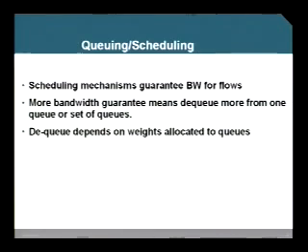Queuing and scheduling, once you have classified the traffic, if you have numerous flows, now you have assigned them certain priority levels based on the precedence values or the DSCP values.